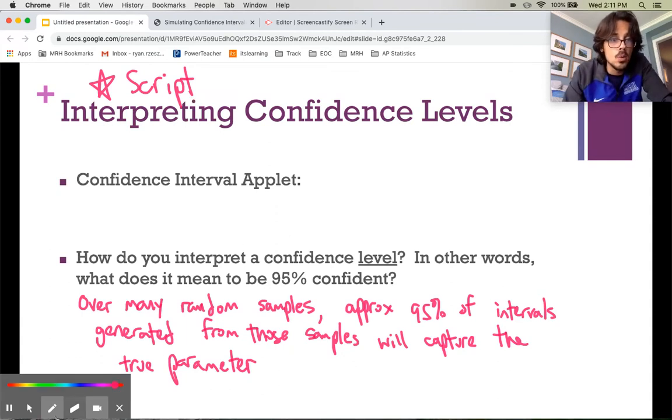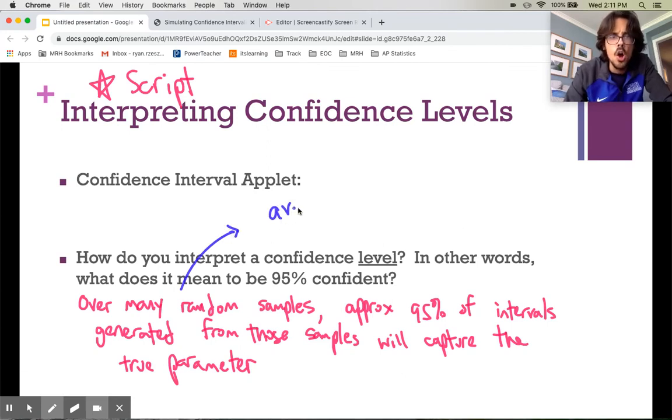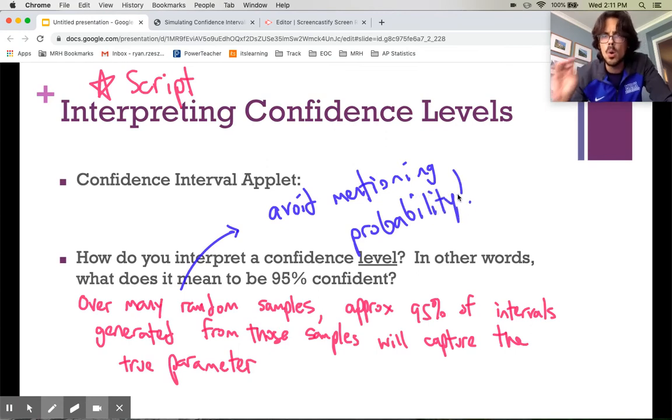One side note here, which is kind of important, when you talk about confidence levels and stuff like that, avoid mentioning probability. AP rubrics will take off if you talk about, oh, it's a 95% chance that it's going to capture the right answer.